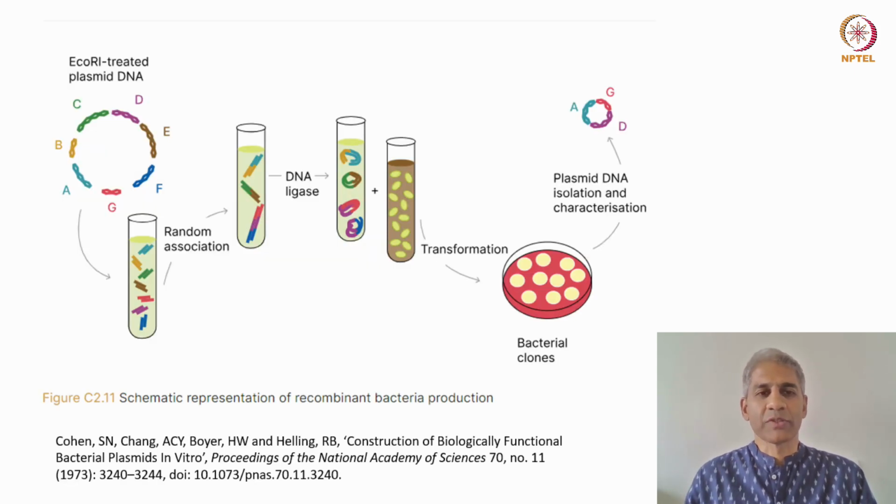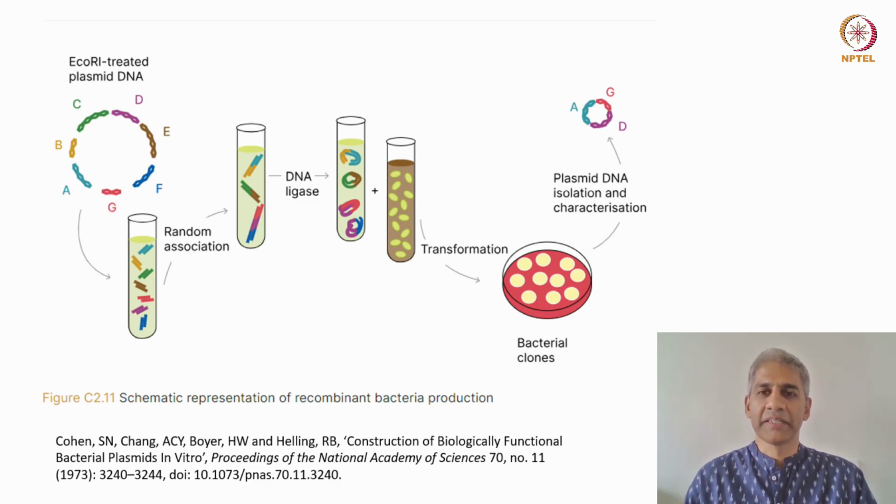This first experiment was then followed up by another one where two bacterial plasmids were spliced and stitched together, and then used to transform bacteria so that these bacteria would make more copies of this recombinant plasmid.